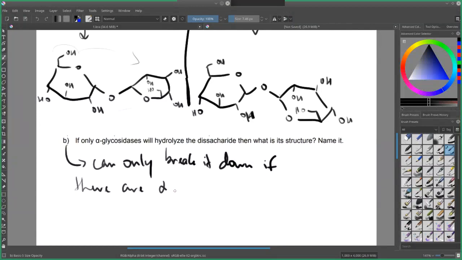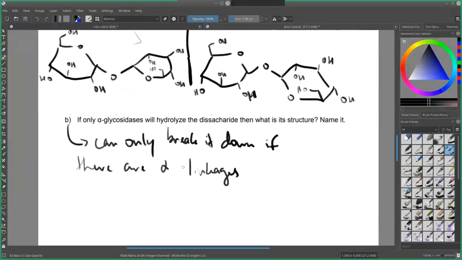And I think on top of that, it's only if there are alpha-alpha linkages, but I'm not certain.